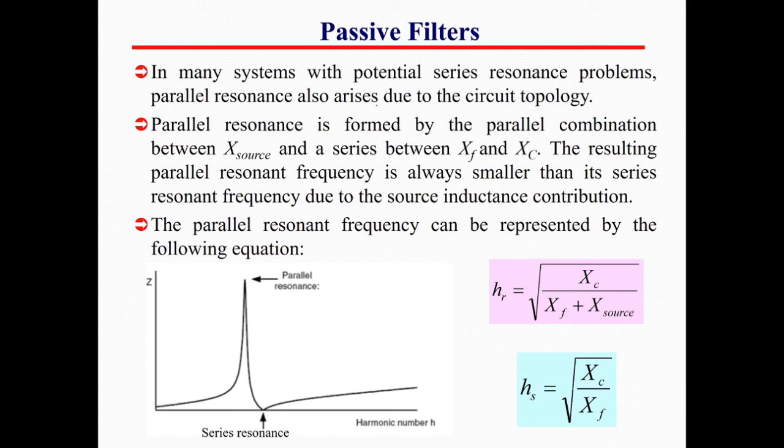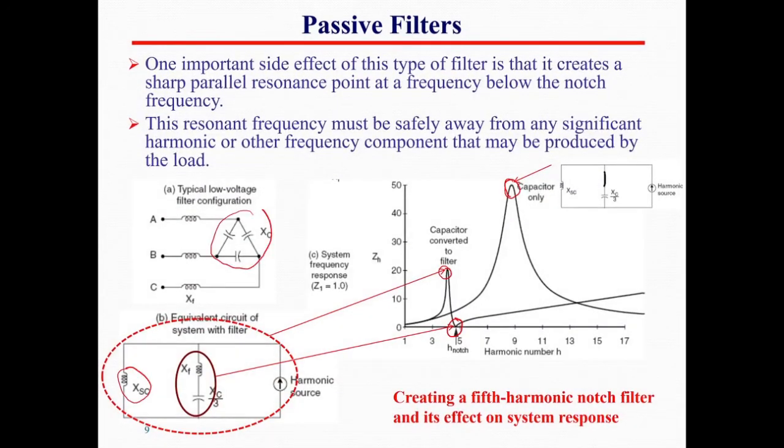In many systems with a potential series resonance problem, parallel resonance also arises due to the circuit topology, as we saw previously in this slide. Over here we put in a filter to get rid of the fifth harmonic, but at the same time we created a parallel resonance.